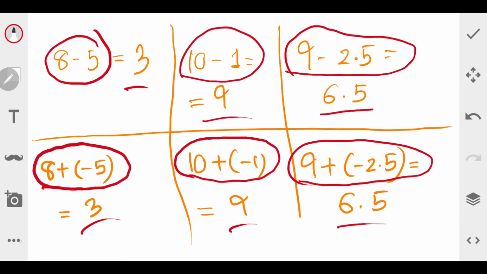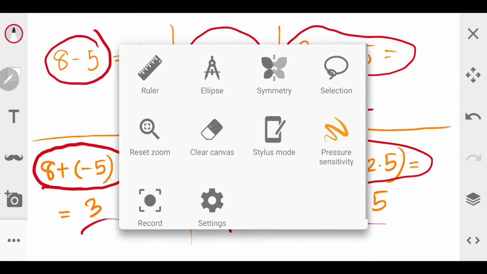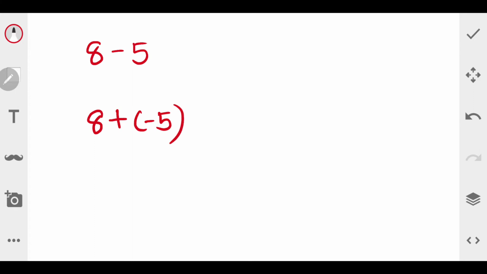I told you this before, but I'm going to share this again. So let's write the problem first. 8 minus 5. In the bottom one we have 8 plus -5. And both will give us the same result, 3. Okay, and I told you this before, but I'm going to share this again.